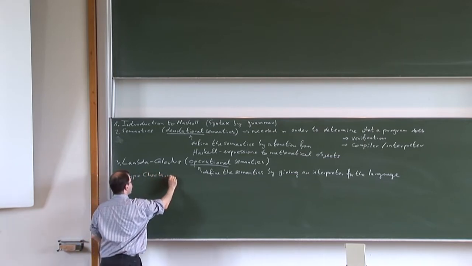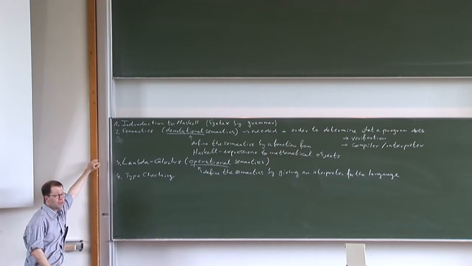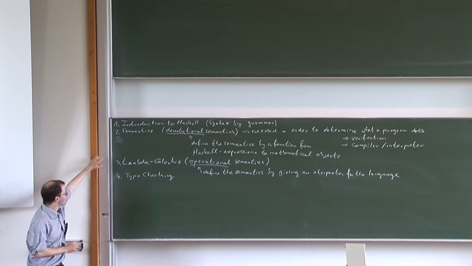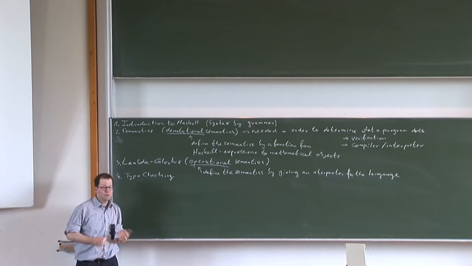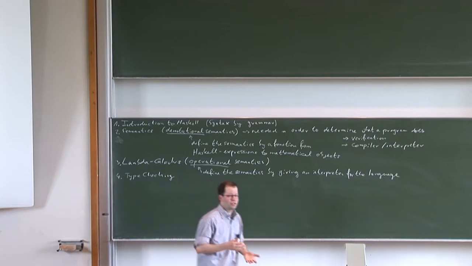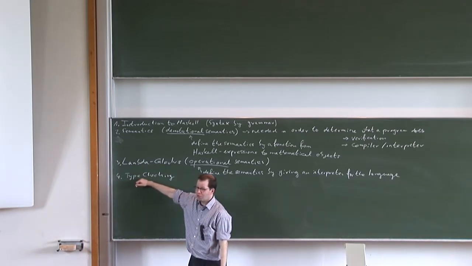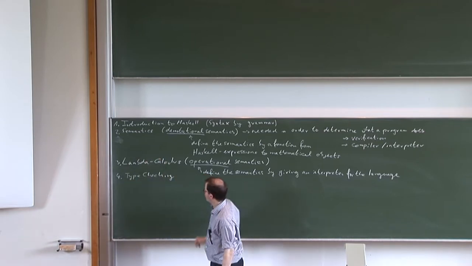So in the next two sections, section 2 and 3, we will assume that all programs are well typed. So there are no type errors. We will assume this in section 2 and 3, and then in section 4, we will come back to this and we will discuss how to check whether your program is actually type correct. So once you've checked that your program is well typed, there are no type errors, then you can do what we discuss in section 2 and 3.